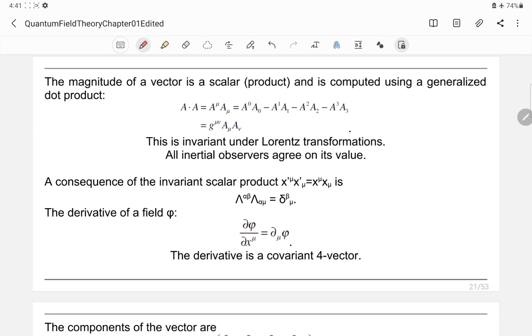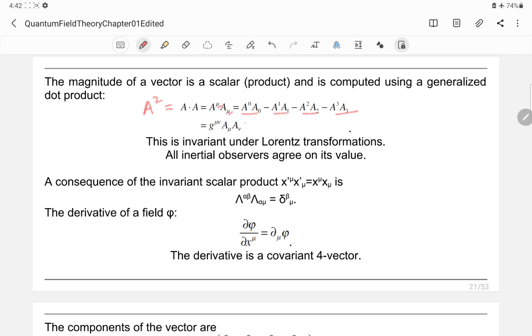The magnitude of a vector is a scalar product and is computed using the generalized dot product. And this is just this one. You can also write this as a square. And this is of course a dot a, the sum of four terms. So when you see two indices appearing once in the upper position and once in the lower position, that's a sum. And of course you can write this as this one.